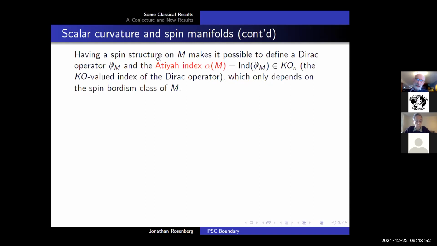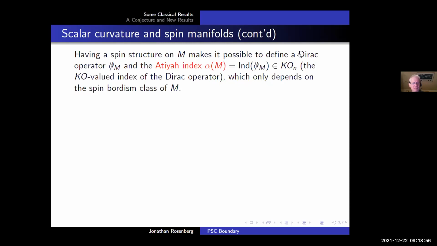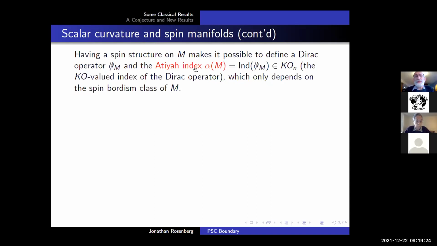All right, so now what's the interest in spin structures? Well, if you have a Riemannian manifold with a spin structure, then you can define a Dirac operator on it. I'm not going to be too precise about which Dirac operator I'm using, but strictly speaking, I'm not using the simplest one, but the more complicated one, which is linear for the action of the Clifford algebra on the other side.